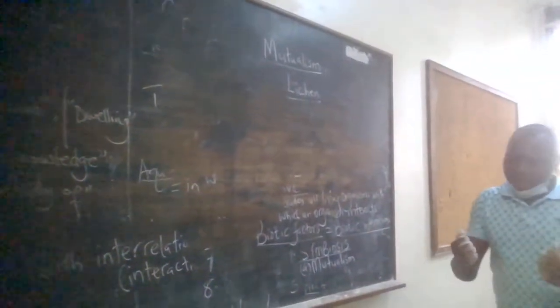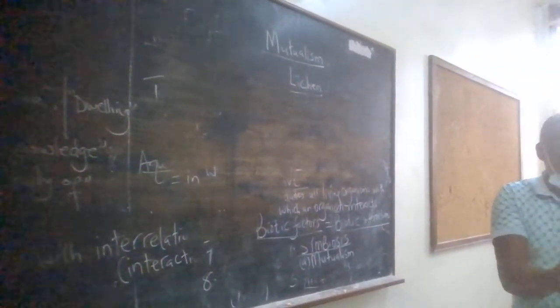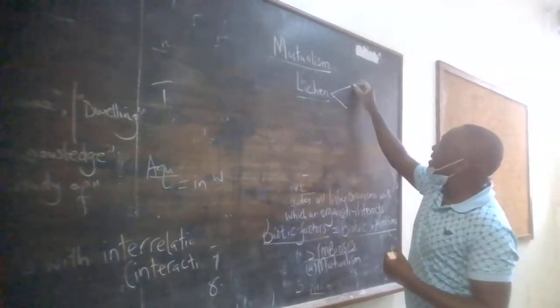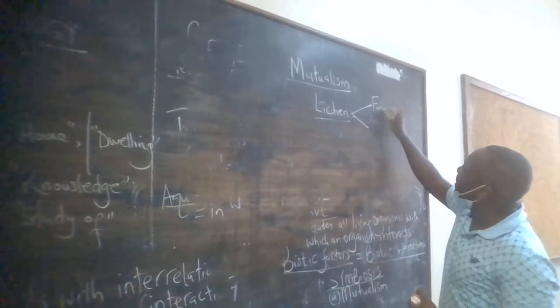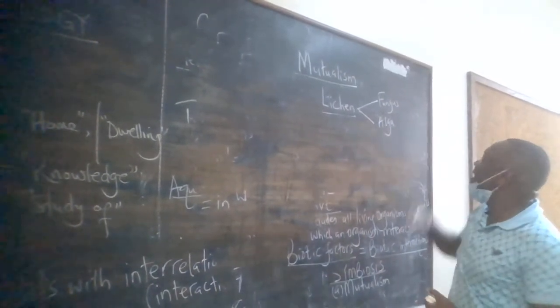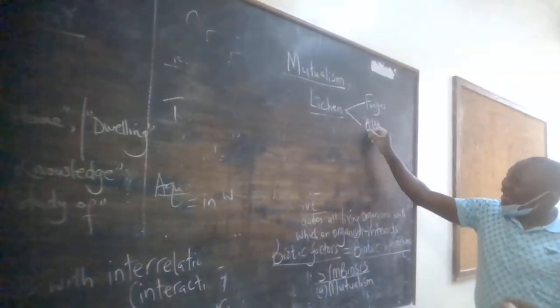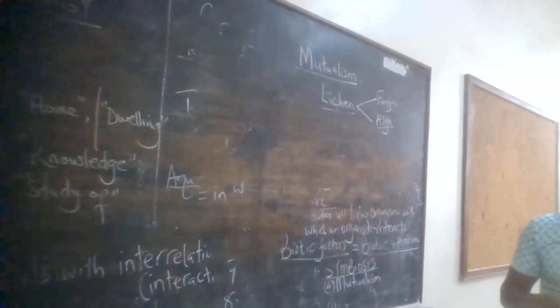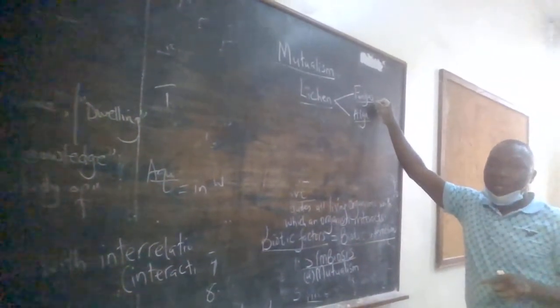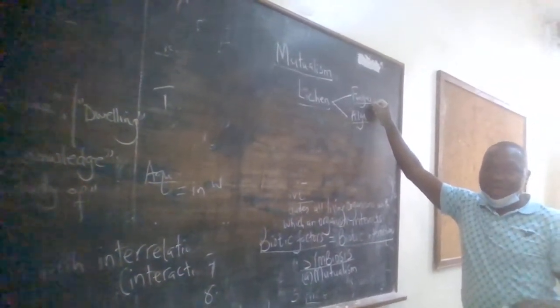So it is a mutualistic association in which there is a fungus and an alga. The alga is photosynthetic. This fungus is non-photosynthetic.